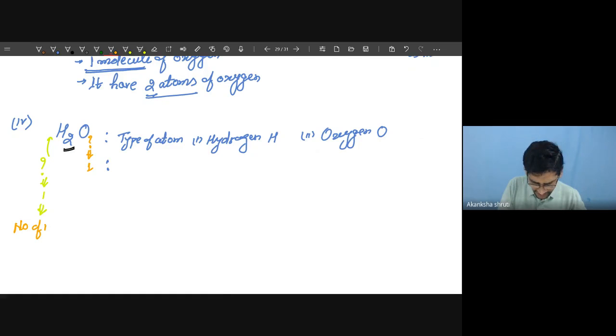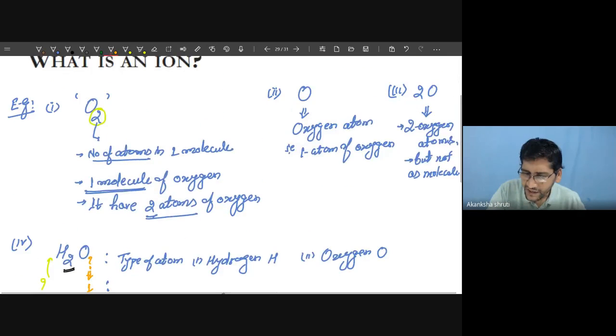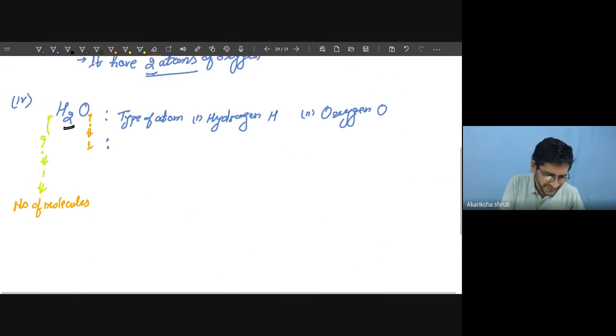Like here we have seen in oxygen, for oxygen in example 3 we had taken 2. The 2 was representing the number of atoms because oxygen was written as O. So 2 atoms. If it is written as 2 of O2, then it is 2 oxygen molecules. Those things we will also understand. Students, let us consider this water.